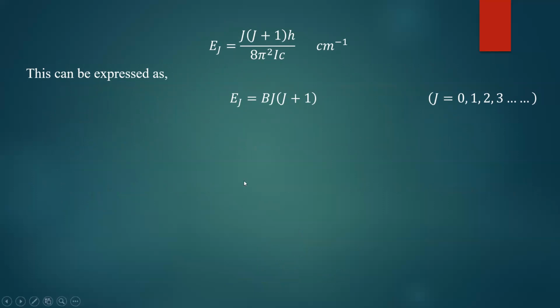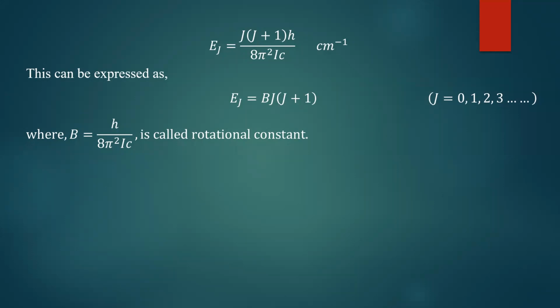So definitely I can write the energy as B into J into J plus 1. I can keep this as it is, and the constant term can be replaced by the term B. And here J can take the values 0, 1, 2, 3, etc. Here B is equal to h divided by 8 pi square into Ic, which is called the rotational constant.